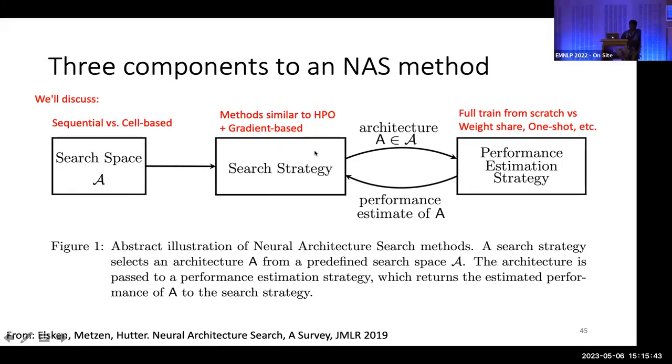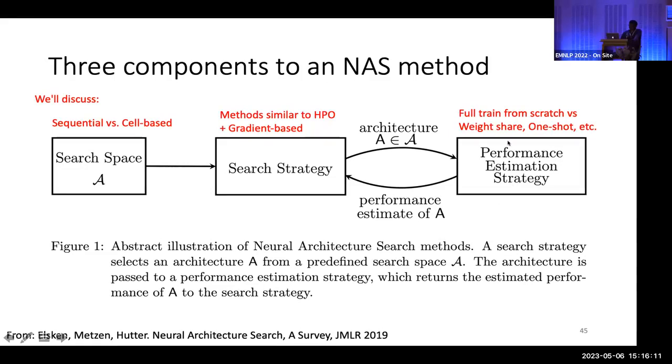They use evolutionary methods or things like that. But because these are neural nets, there are new methods that have been developed, like gradient-based methods or reinforcement learning methods. I think that's why this field has really grown, because there's a lot of interesting things you can do now that you assume you're a neural net architecture. So we'll cover some of that, and that'll be the main part here.